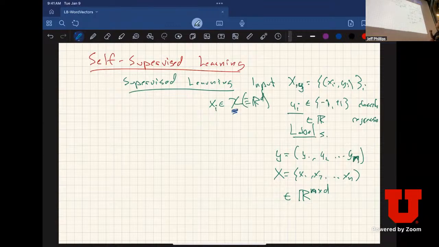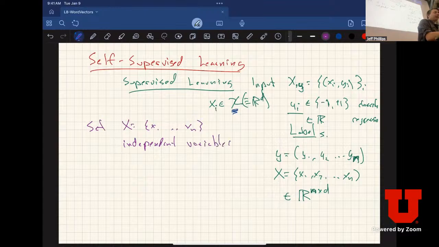What's important is that you're given data, this set x1 through xn, which is going to be the independent variables, and I want to somehow use X to make a prediction on the yi.